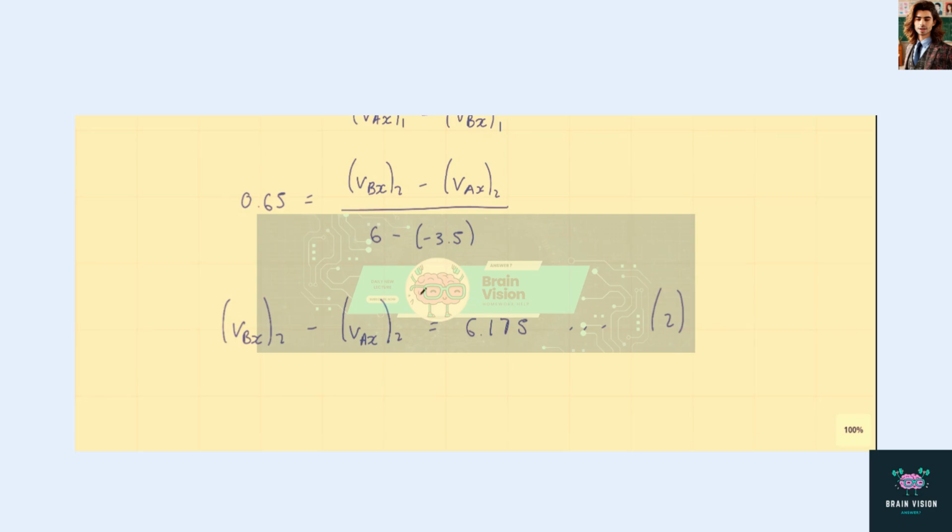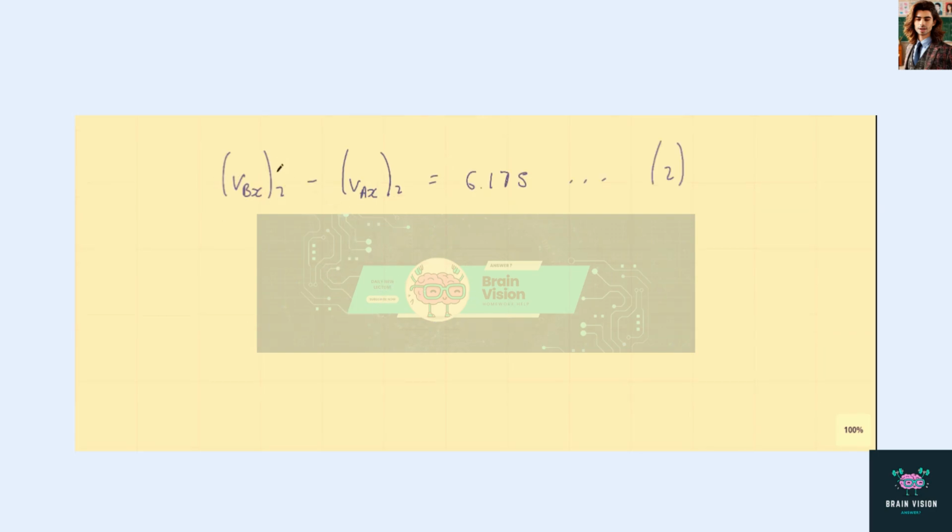So this is another equation which includes the x components of the final velocities of disks A and B. So now if we solve equations 1 and 2, we can solve for these final velocities.